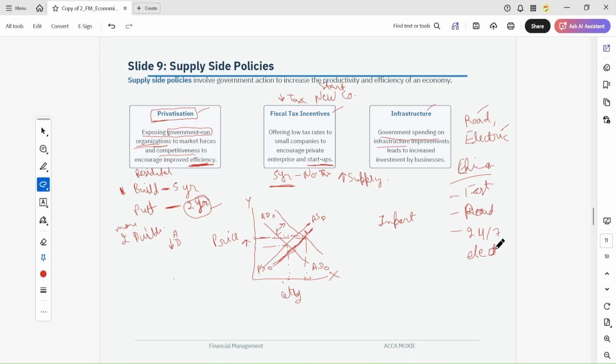So these are the main factors why foreign investors are attracted to China. That is the main reason the government spends very high on infrastructure. And when the government spends very high on infrastructure, that will increase investment in the country, in business, and those businesses will produce goods or services. This will increase the supply in the country. So these are the supply side policies.